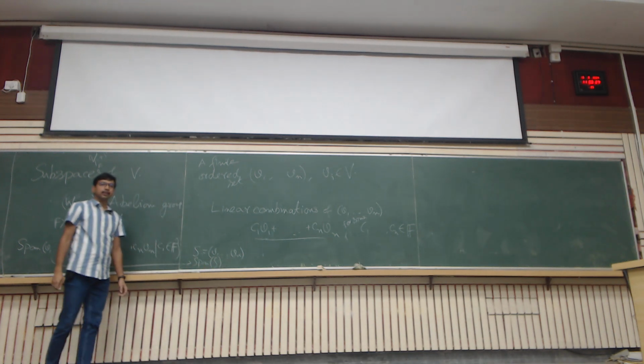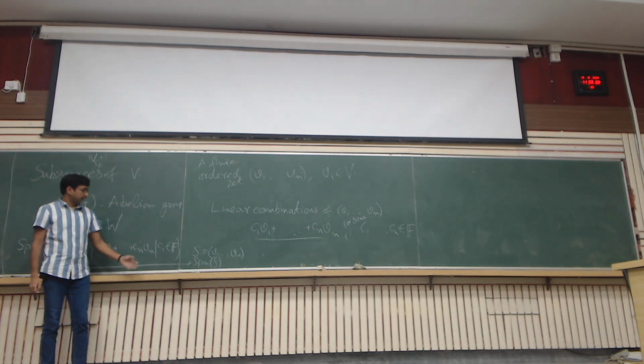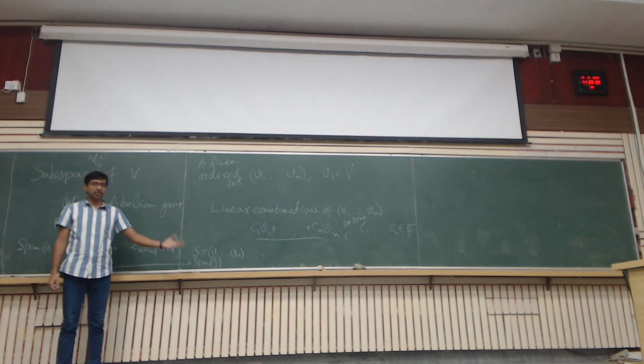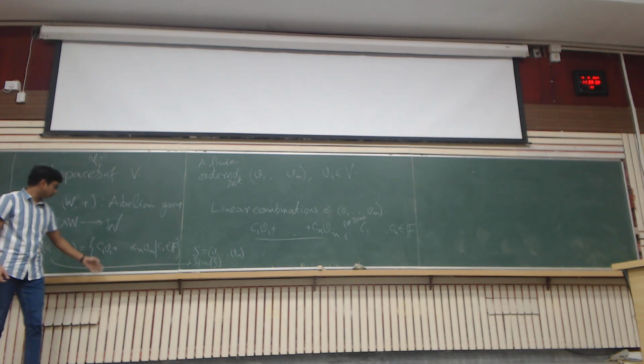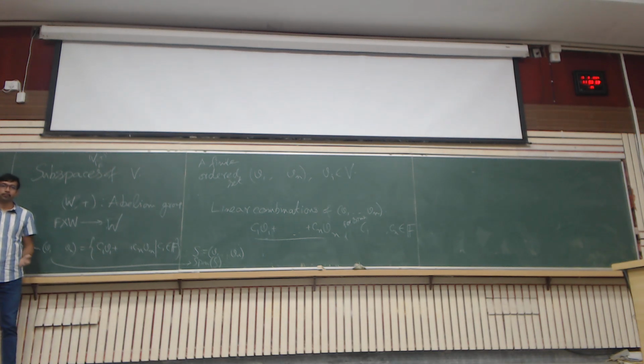Alright. Now, if you take S to be an arbitrary set in V, again by span of S we will mean finite linear combinations of the elements of S of this form.